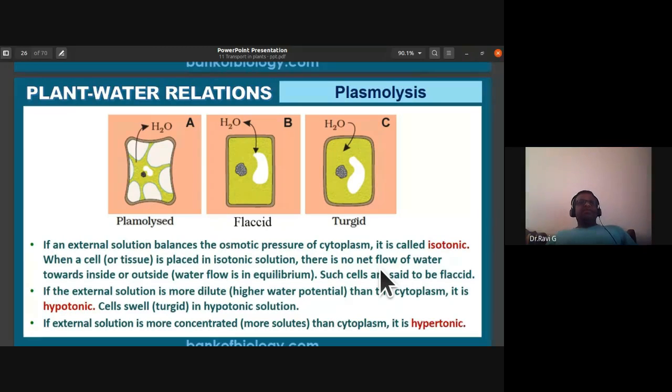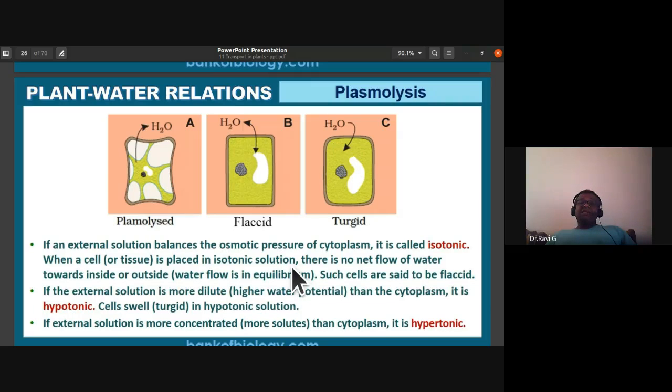When a cell or tissue is placed in an isotonic solution, there is no net flow of water, either inside or outside. There is neither exit nor entry of water.